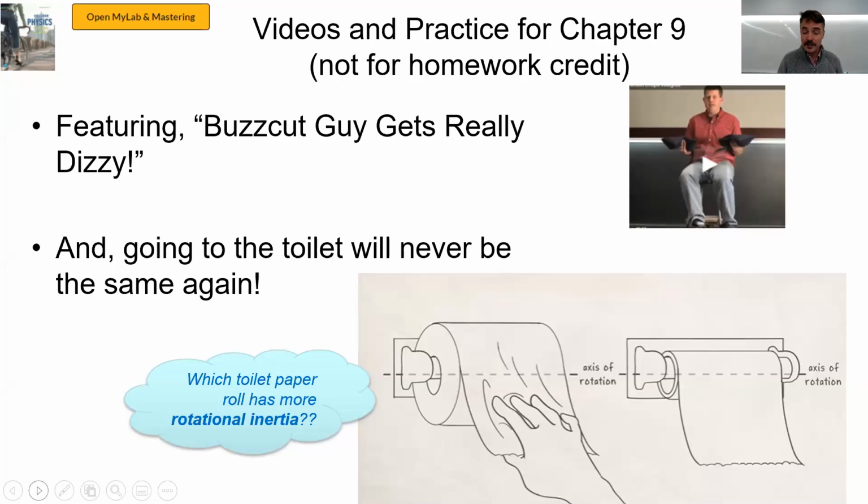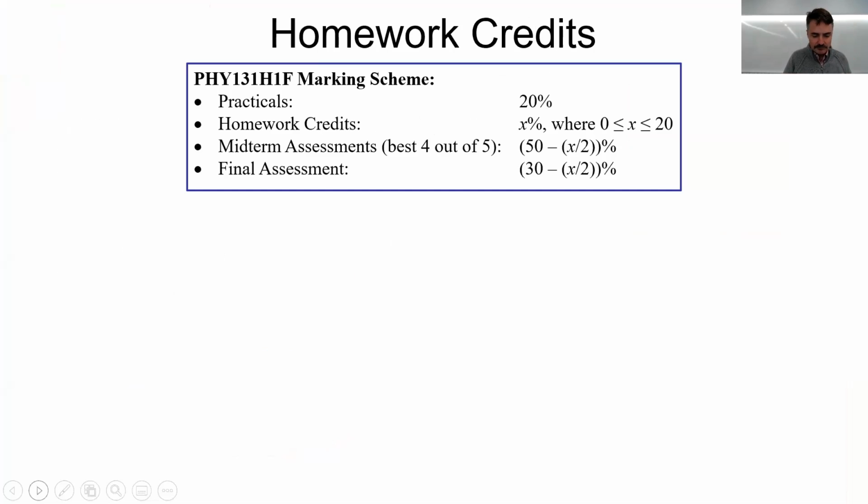There's also one on toilet paper, which I thought was really great. The question is a full roll of toilet paper versus an almost empty one. When you give it a small torque, which one spins up faster? This is about the rotational inertia of a roll of toilet paper. So that's a lot of fun.